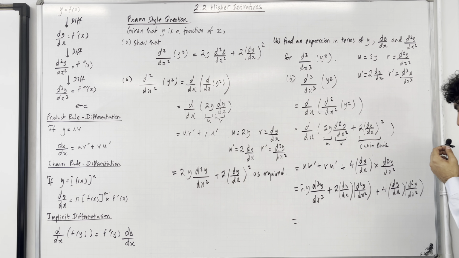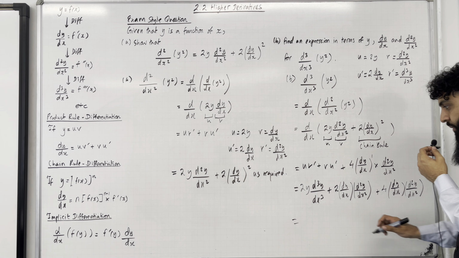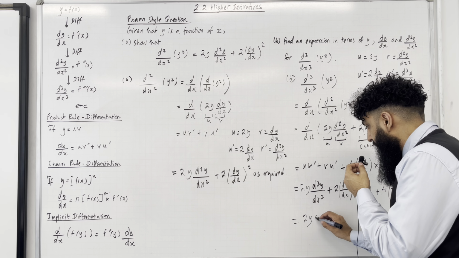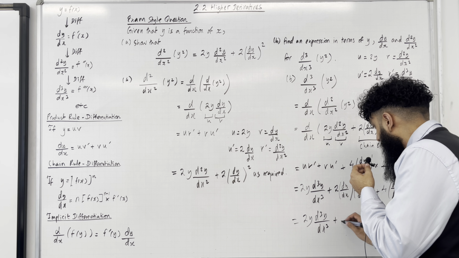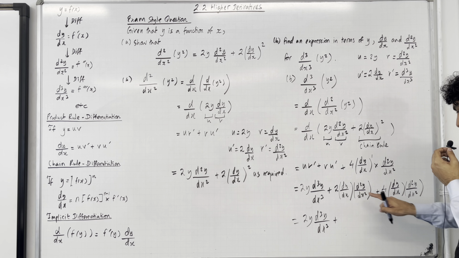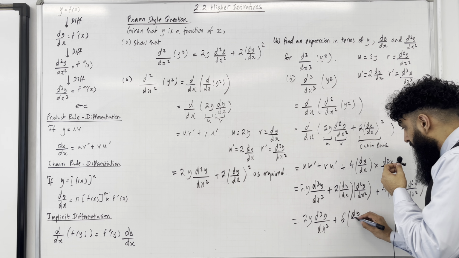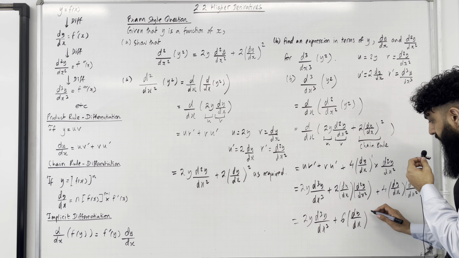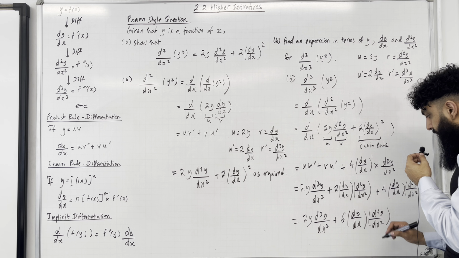So over here I've got like terms, so I can simplify that. I've got 2y d to the power 3y over dx cubed plus 2 plus 4, which is 6 lots of dy over dx lots of d2y over dx squared.